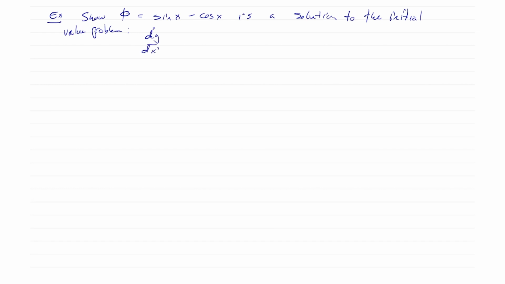So what we want to do then is show that phi, which is equal to sine of x minus cosine of x, is a solution to the initial value problem, where we have d squared y over dx squared plus y is equal to 0, and we require that y of 0 is equal to -1, and y prime at 0 is equal to 1.